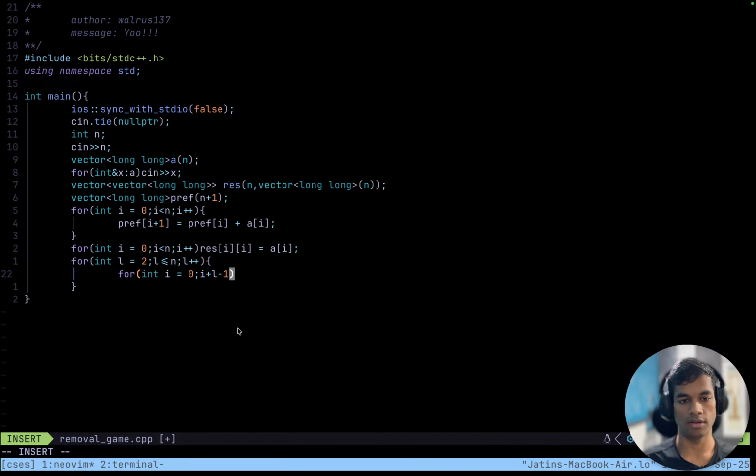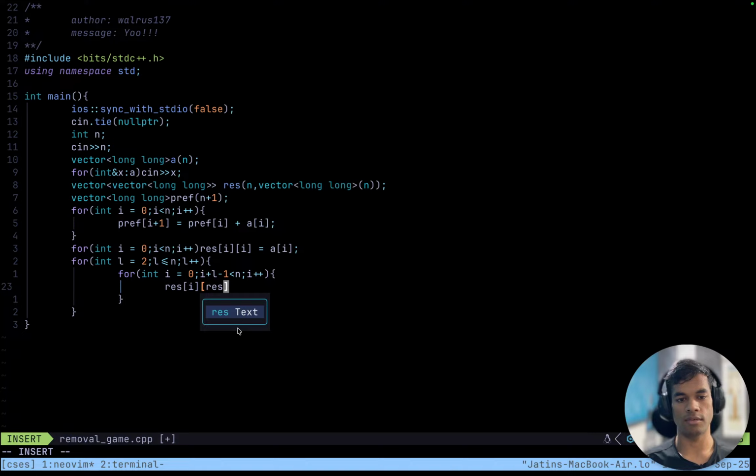This thing has to be lower than n, and i plus plus. And then for res i comma the right limit, which is i plus L minus 1, this thing is equal to the maximum.